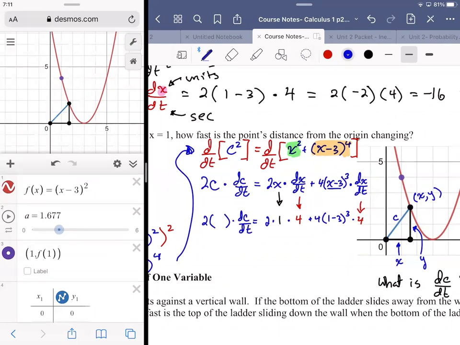Right? And that's because at 1, I got it labeled right here. At the x value of 1, the y value is equal to 4. Right? So at this location, we have coordinates of 1, 4. So if I let my animation go over here, eventually, one leg of the triangle is going to have a length of 1.